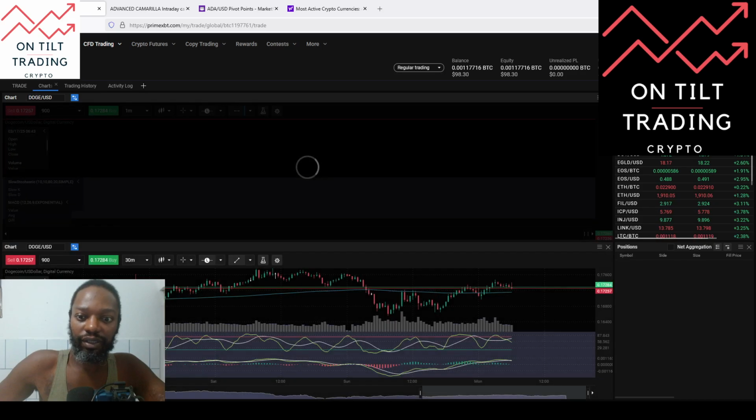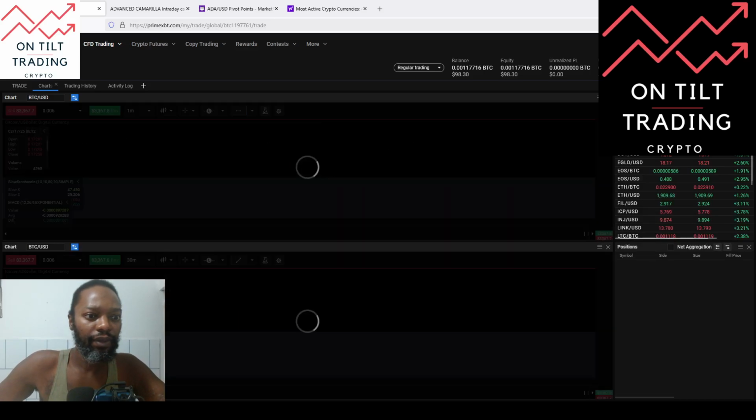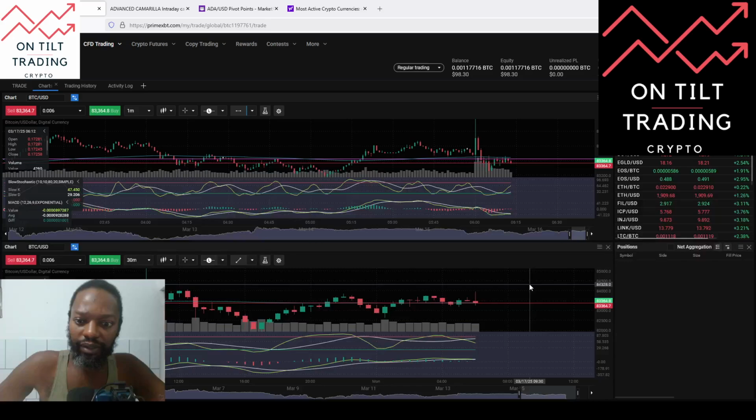It was showing strength this morning, showing weakness now. Similar to Bitcoin, trading below the 200, which I like to see, but still trading above here on the 30-minute.